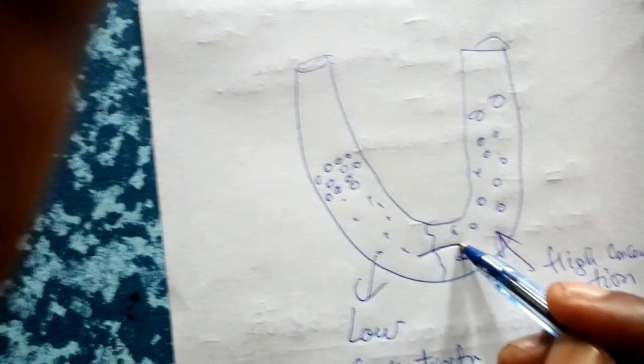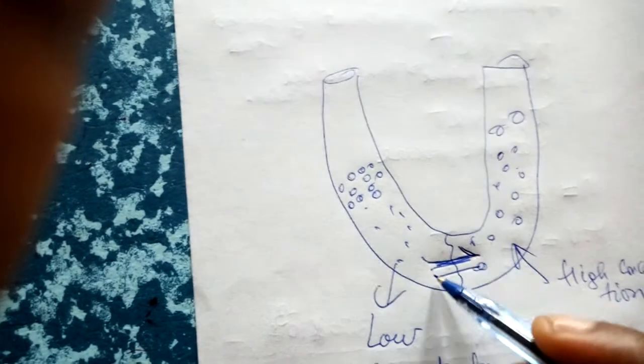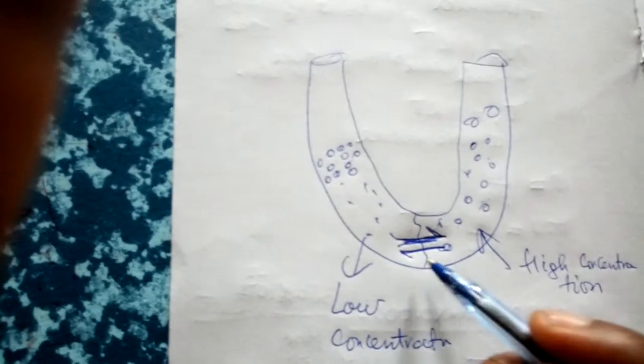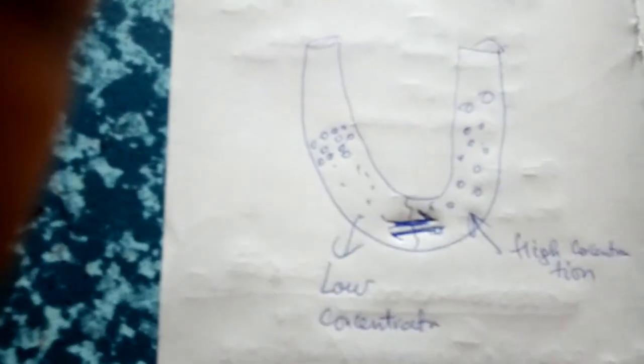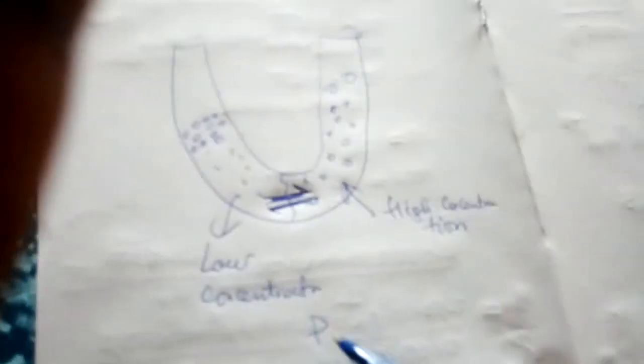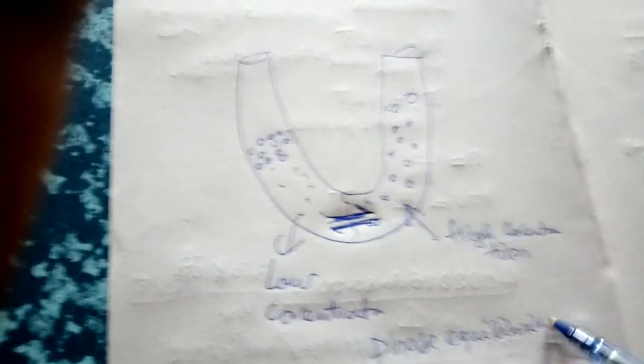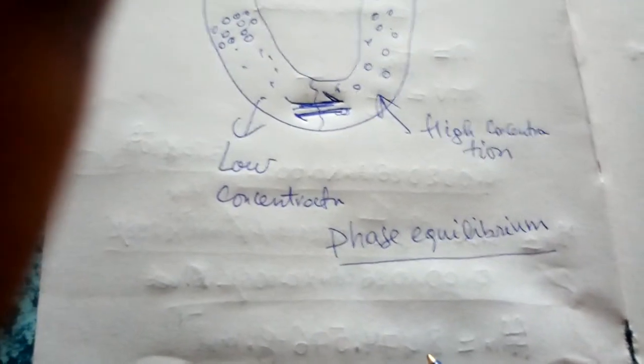It means that in order to dilute, there is a transfer of the solvent, which is water, but there is equilibrium, because this is a point of phase equilibrium.